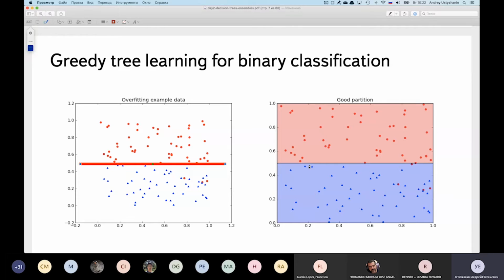And that's what we see in the picture on the right. So we make a split and separate the whole data set into subsets, R1 and R2. And this is mostly it. We can then refine our splitting scheme and try to cut pieces from here like this.